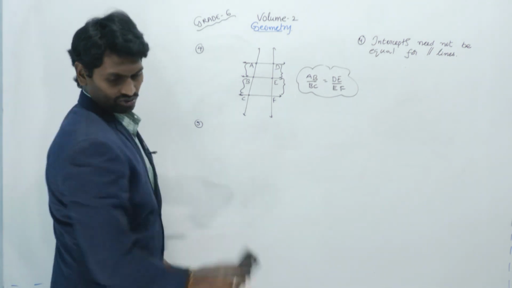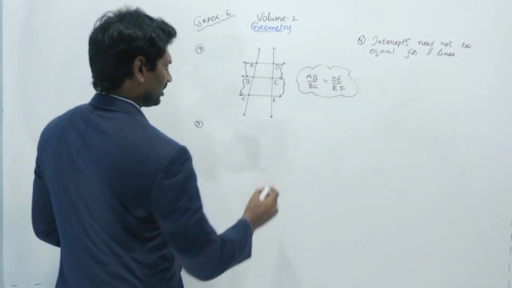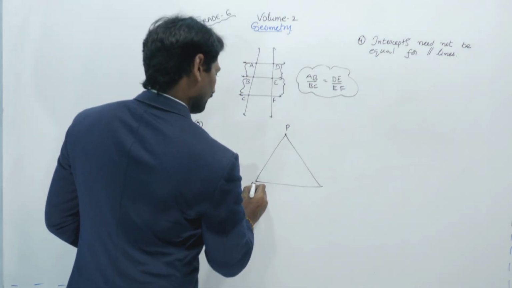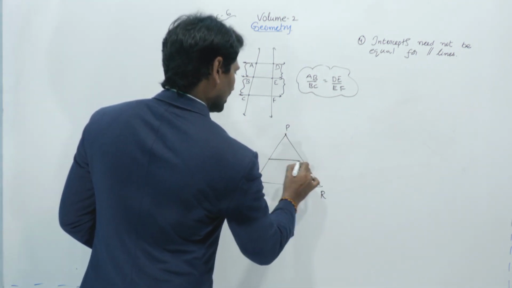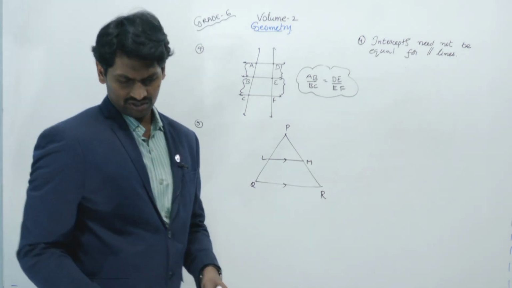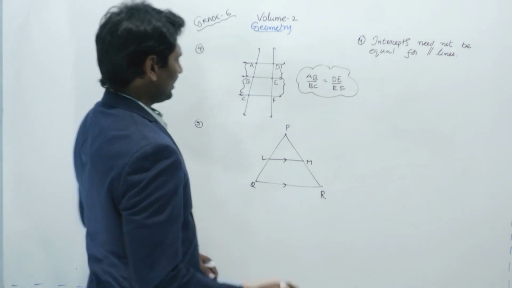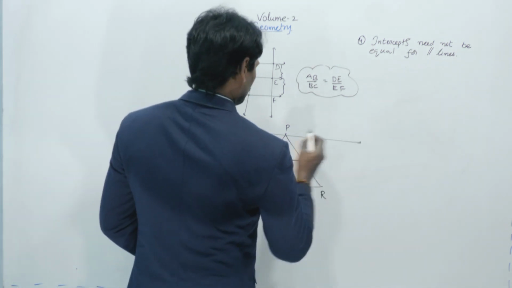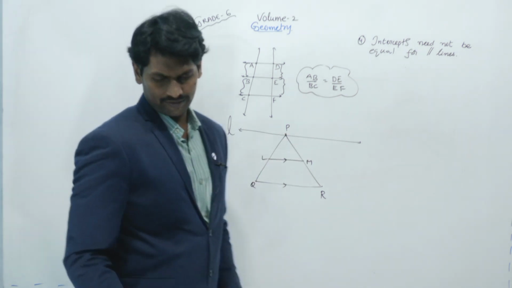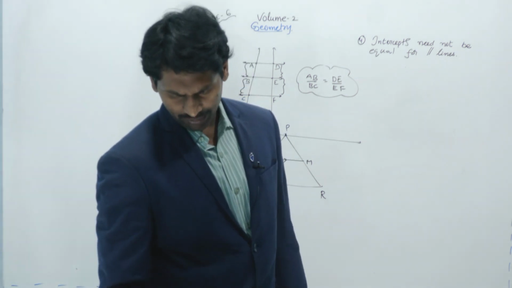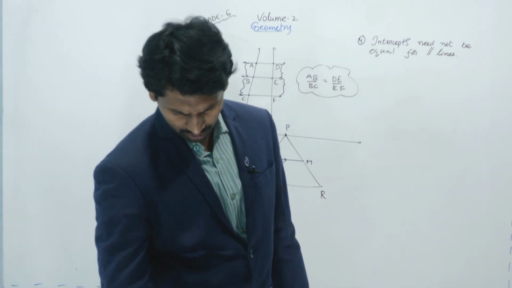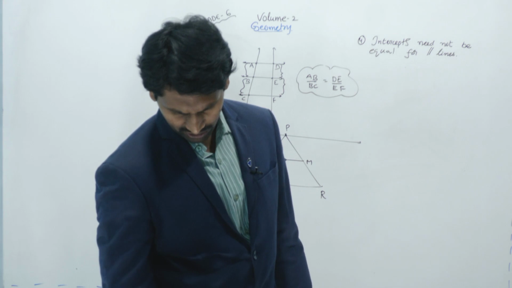It is a triangle PQR, and it is given that LM is parallel to QR. L is a point on the side passing through vertex P, and from the figure it is given that PL by LQ are in the ratio 5:8.